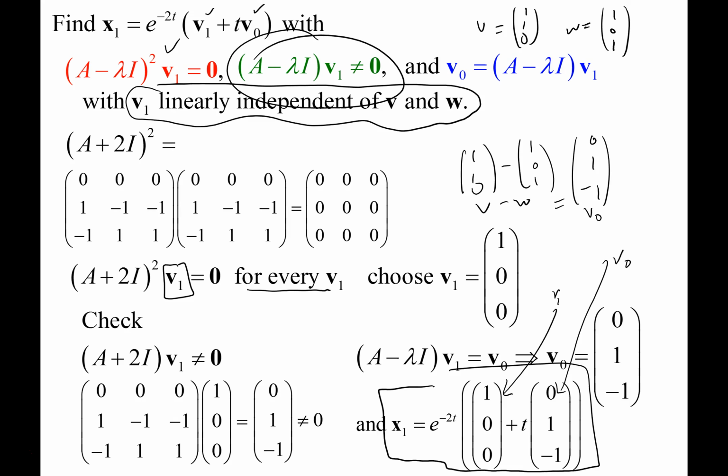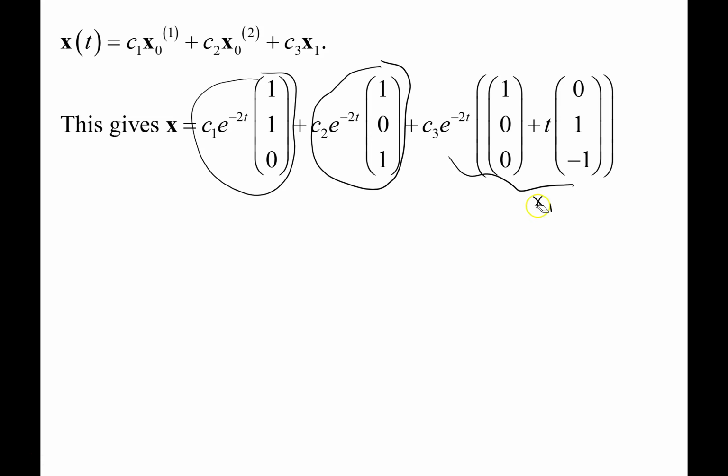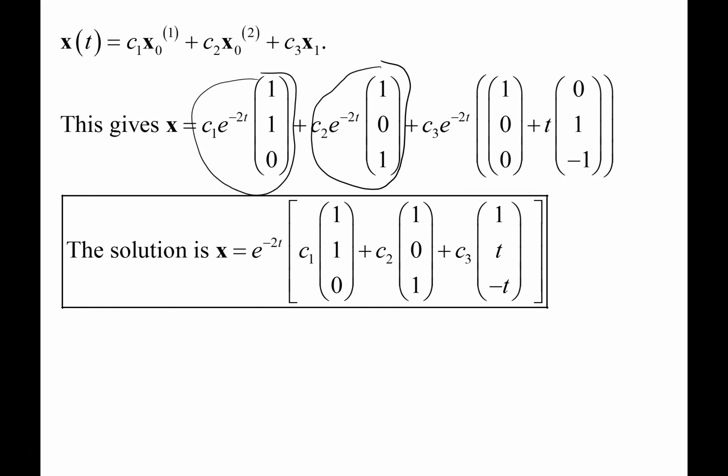Putting it all together, then we're going to have c1 times x naught upper 1, what we had before, c2 times x naught upper 2, and finally c3 times x1. Putting this together, what we could do is combine them, where we factor out the e to the negative 2t, and we get c1 times v and c2 times w.